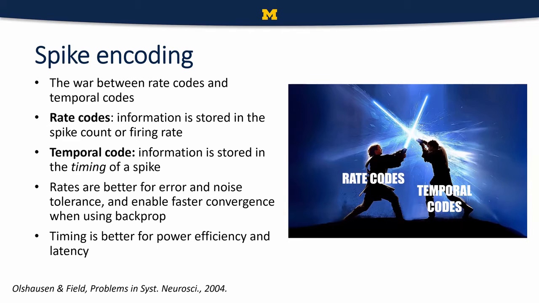Now, in that paper, he conjectures that due to metabolic and power consumption and several other arguments, 85% of the brain necessarily has to be operating on a temporal code, because if every neuron was firing at a rate, if information was captured in multiple spikes, then your brain would overheat, burn, and turn into an oven. You don't want that, clearly. So he makes a really compelling case for temporal codes. So I'll leave that with you to mull over, to look deeper into.